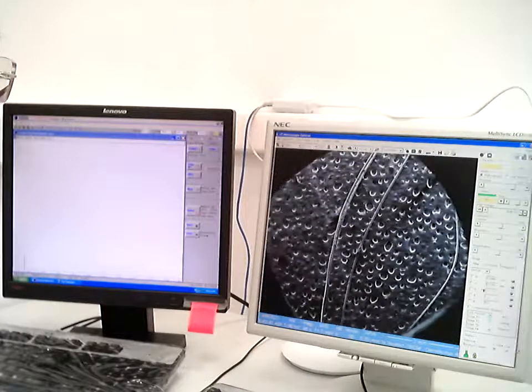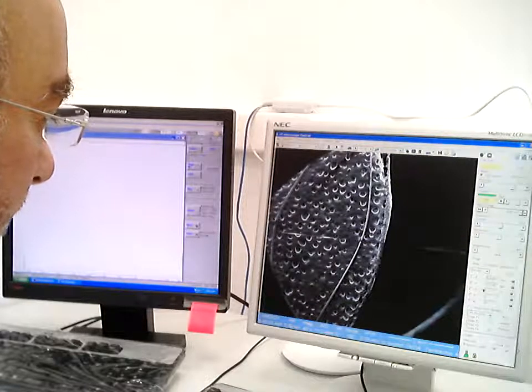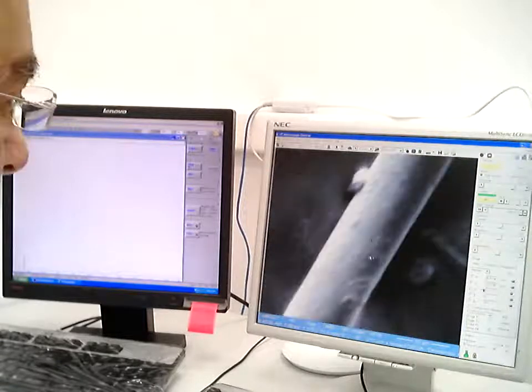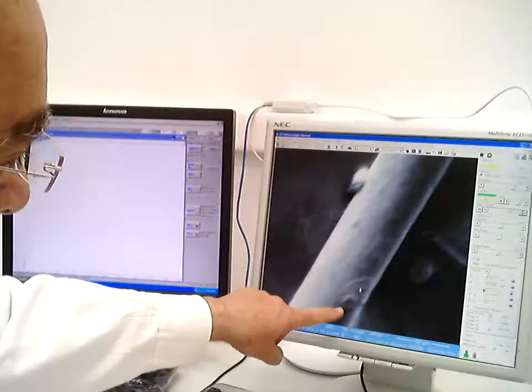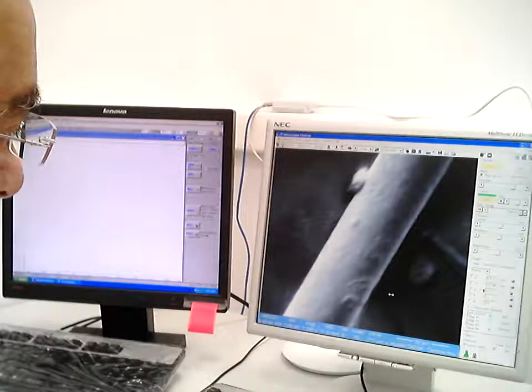If we go to the right, over here, there's another one. Let's see what we can see on this one. This one is interesting. This one has some evidence. The picture is not very clear today.